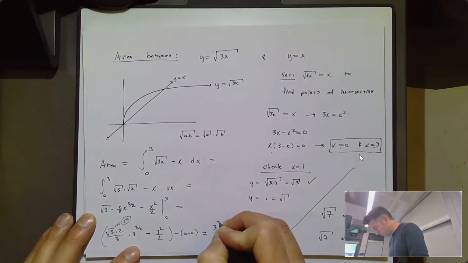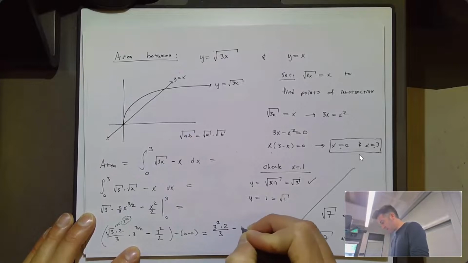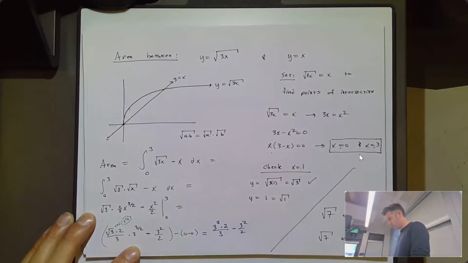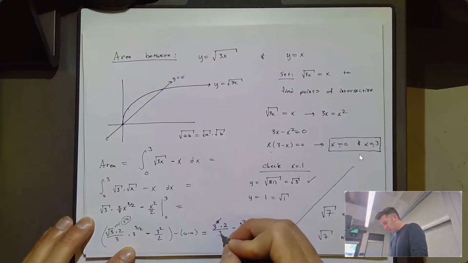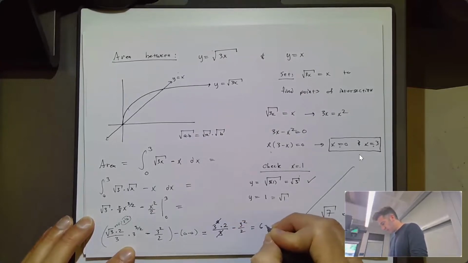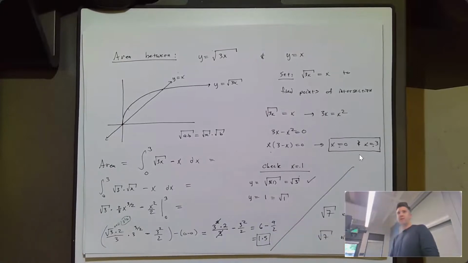It's going to be 3 squared times 2/3 minus 3 squared over 2. That's going to end up being, cancel a 3 here and a 3 here, 6 minus 9/2, or 6 minus 4.5, which is 1.5. Or 3/2 if you prefer. But this one does actually work out to be not so terrible, even though it looked like it was going to be terrible.